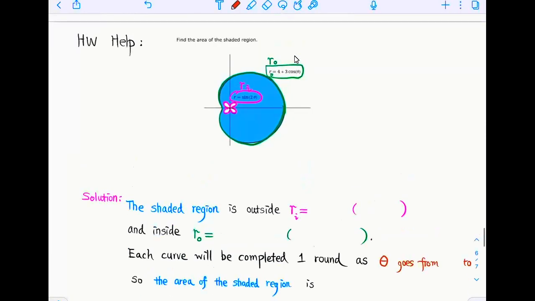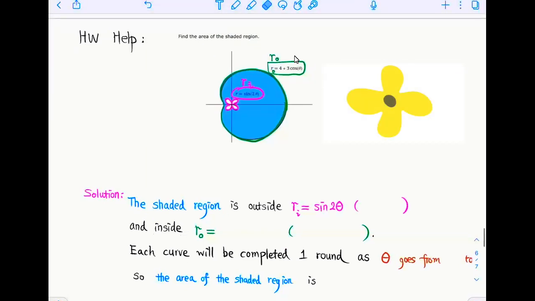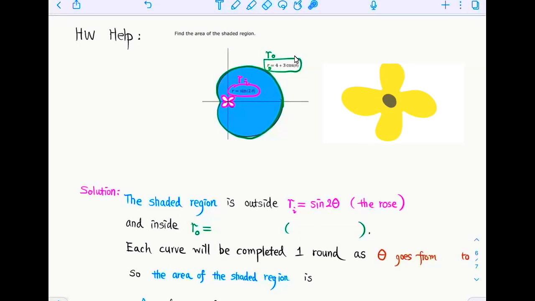Okay, r_i equal to sine of 2 theta, which is a rose. This is the inner polar curve, and this is the outer polar curve. And we're looking for the region that is outside of this, but inside of this, the blue region.